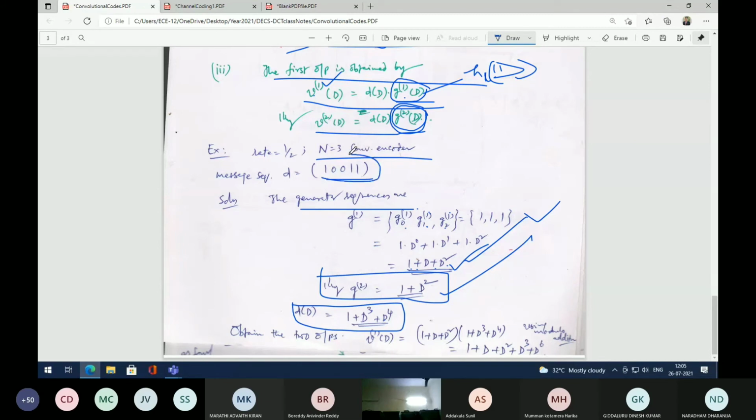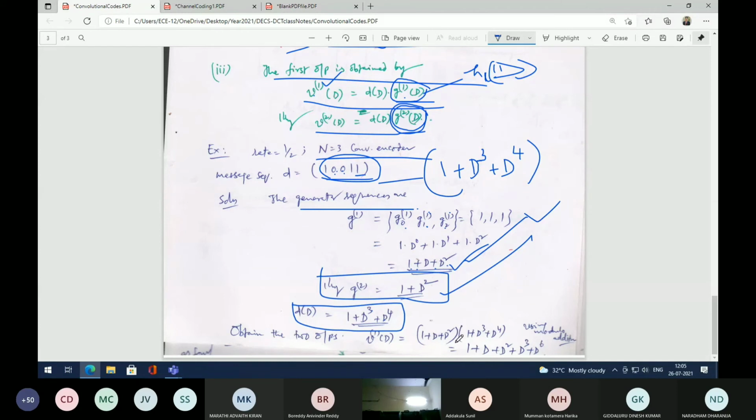How do you write this? The first one is 1, then D is 0, D2 is also 0, then you get D cube here, plus this one is D4. So I represent the input in this fashion.